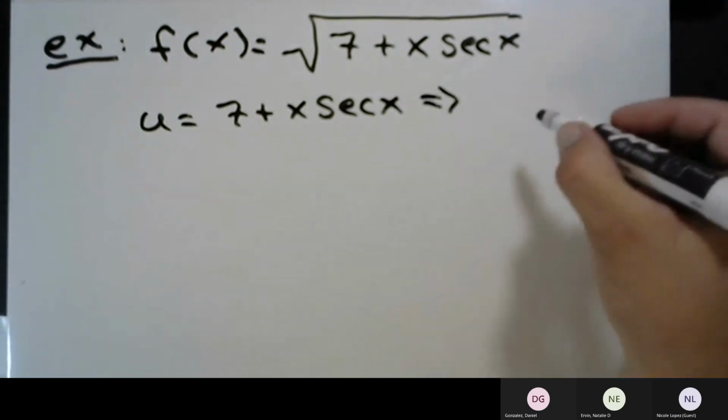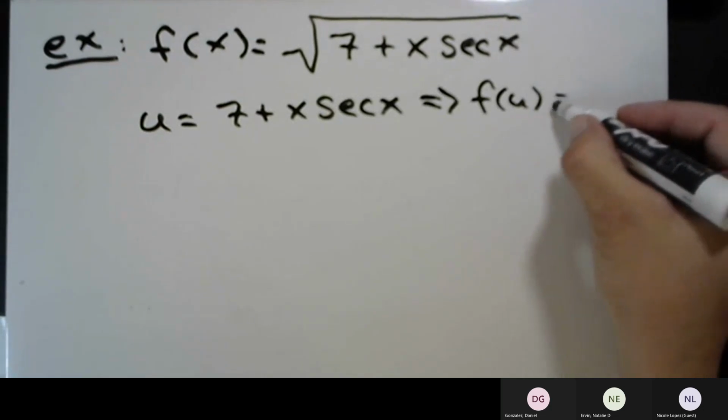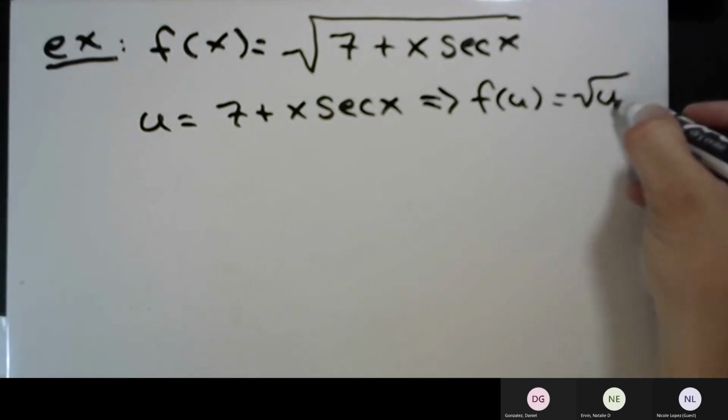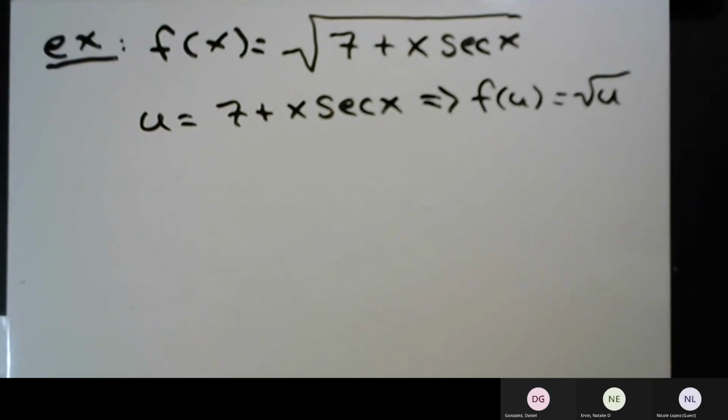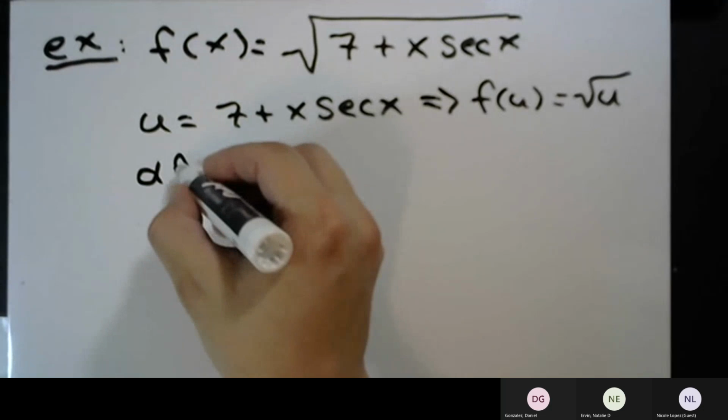And this means f of u will become the square root of u. So once again, we want df dx.